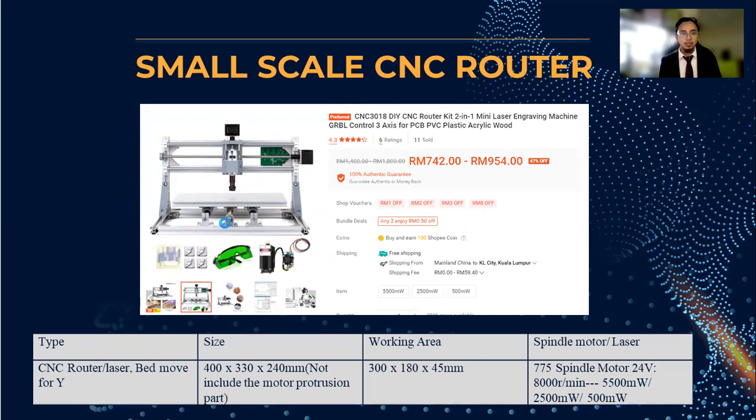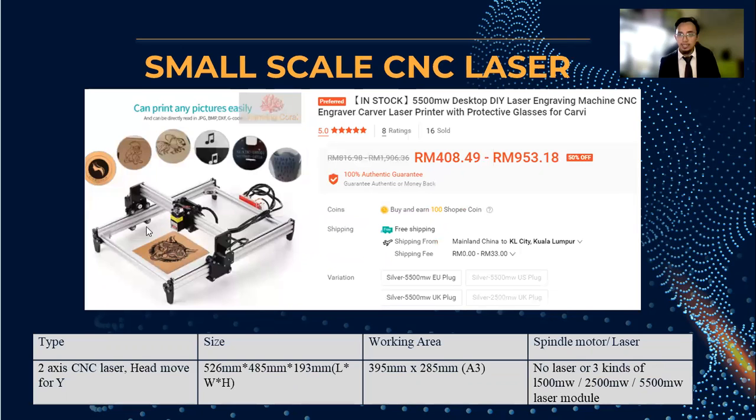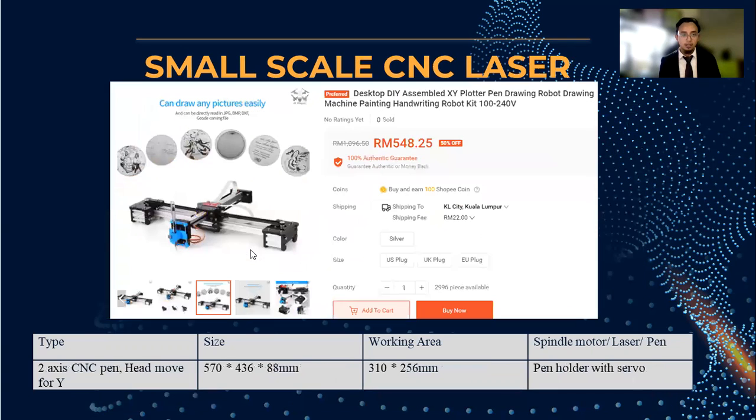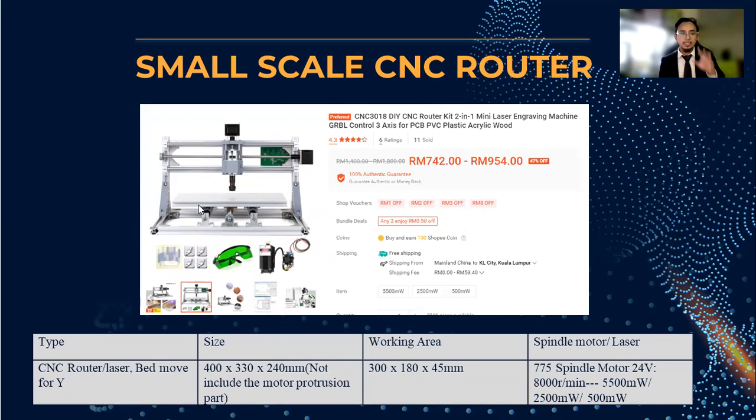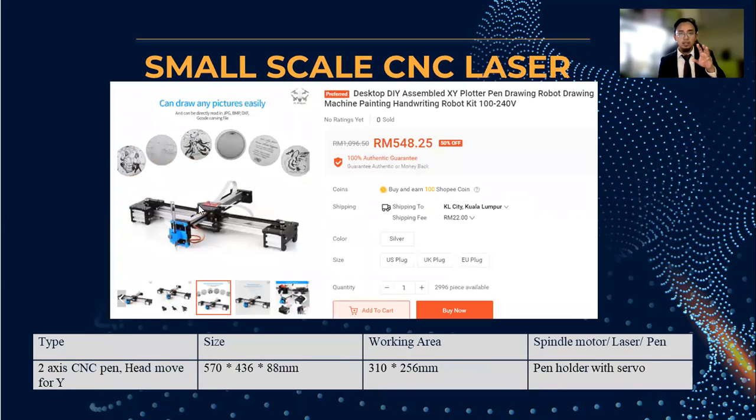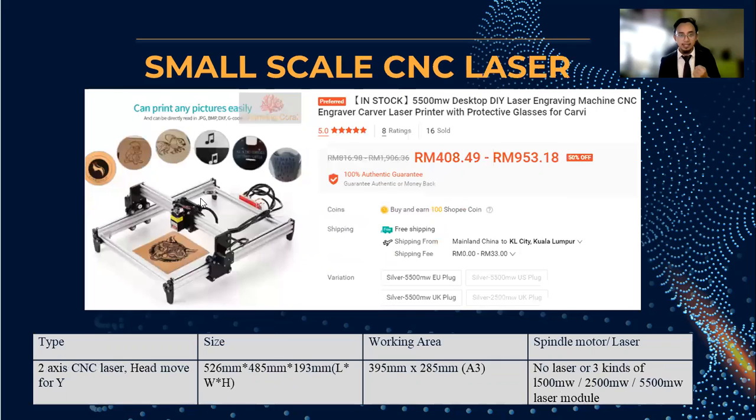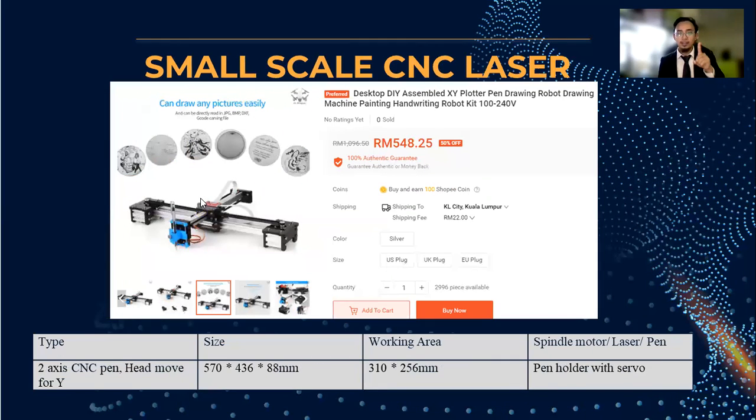So this is a laser cutting CNC, a small-scale CNC laser. And this is a small-scale CNC plotter machine, which uses a pen. From these three machines, what I want to do in my project is to combine these three processes into one machine.